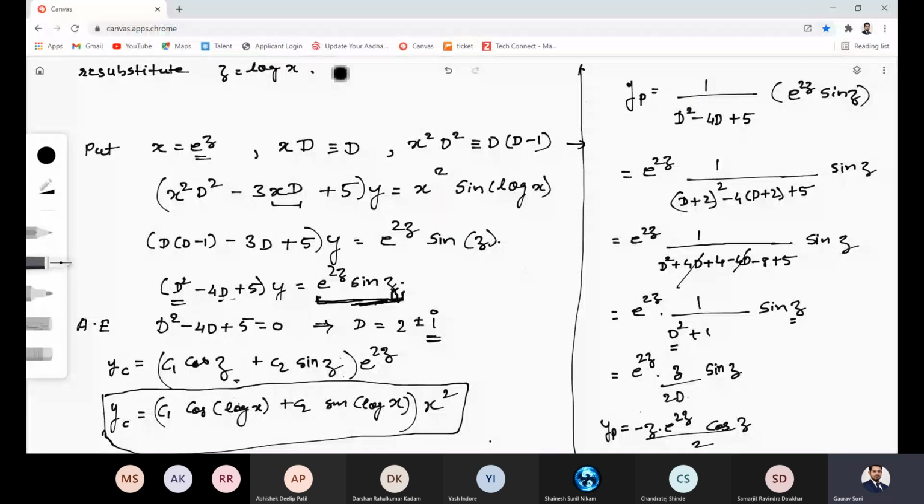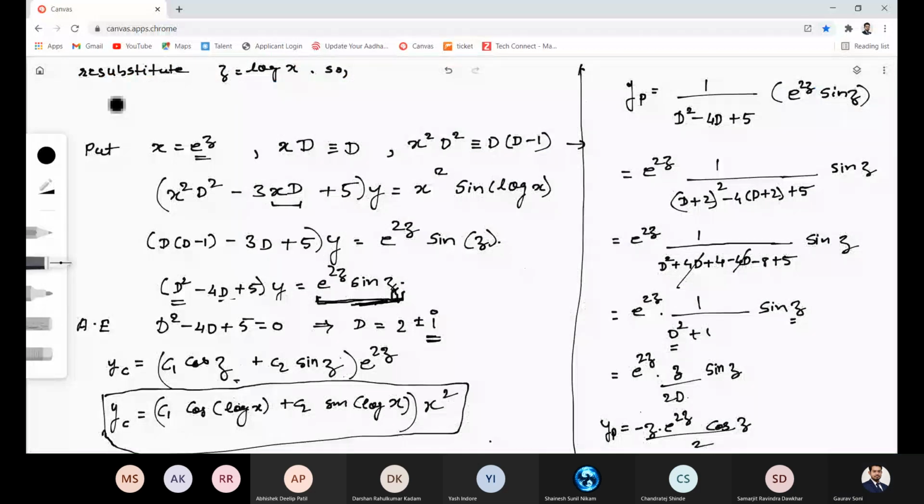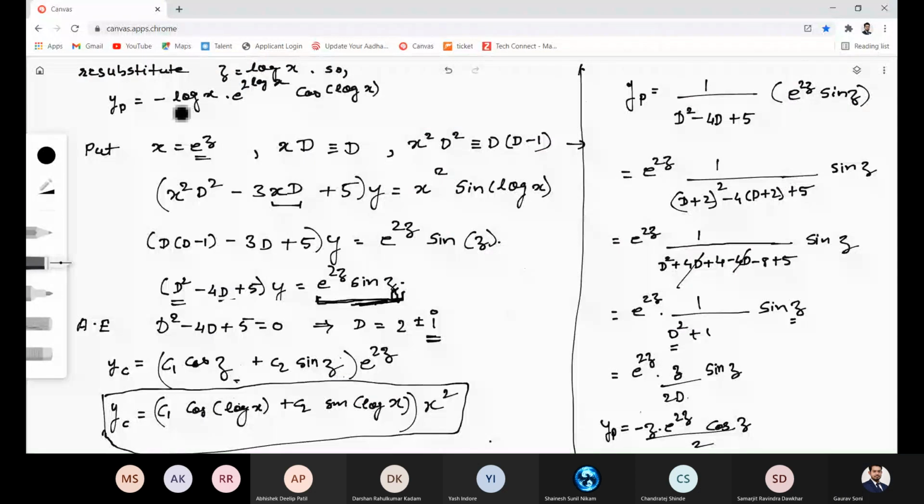So your yp will become minus log x into e to the power 2 log x into cos of log x divided by 2. So e to the power 2 log x will become x square.